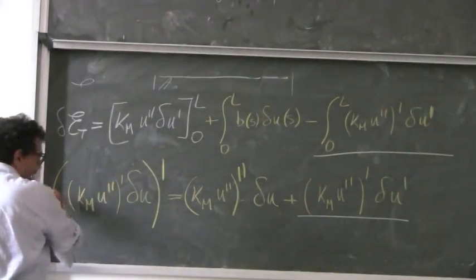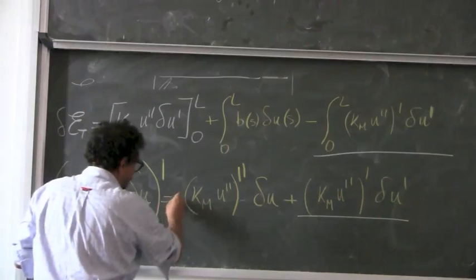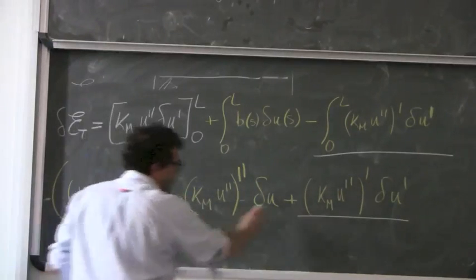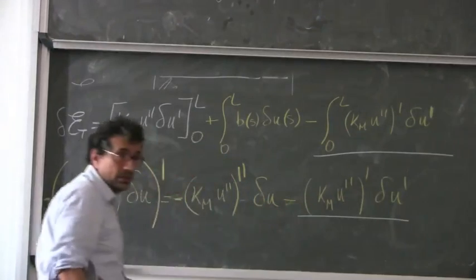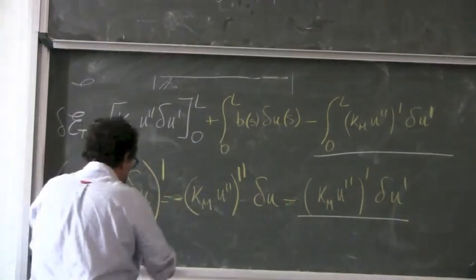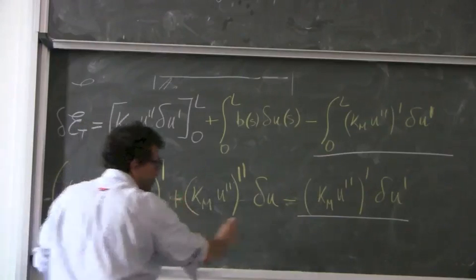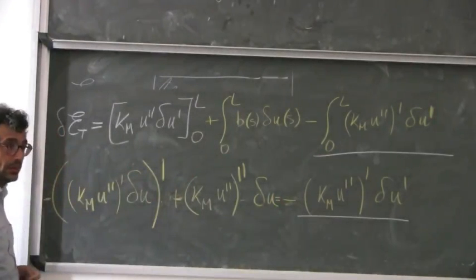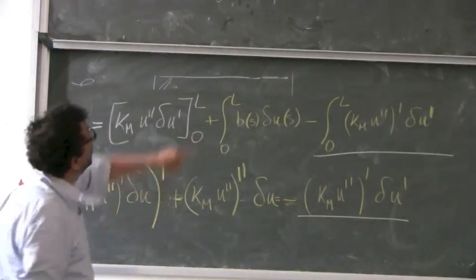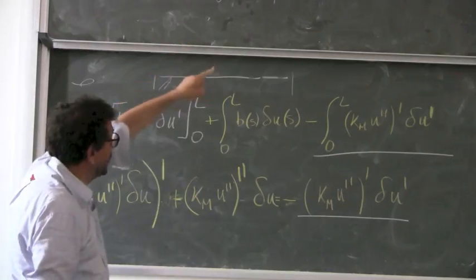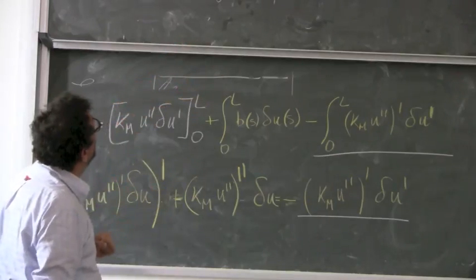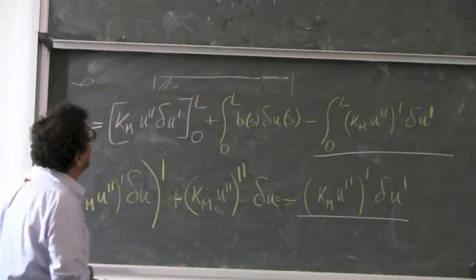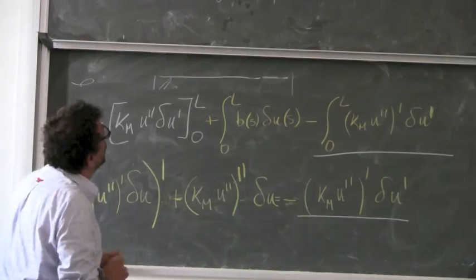Minus, okay, so plus equal, so minus Km u second prime delta u. Okay, should work.